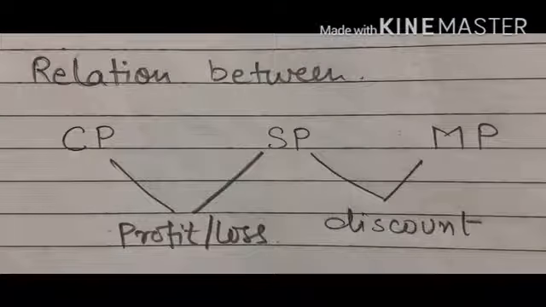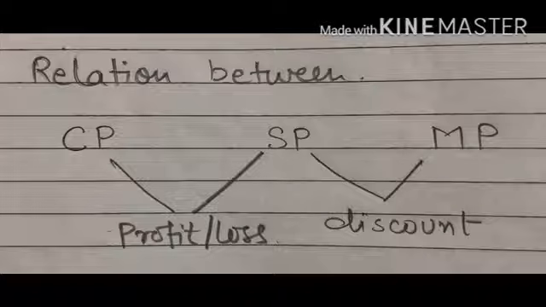Now let us discuss the relation between the cost price, selling price and marked price. The selling price always comes in between the cost price and the marked price. The cost price is what the shopkeeper pays to buy, the selling price is what the shopkeeper sells at to the customer, and the marked price is the tag on every article, which includes the profit as well.